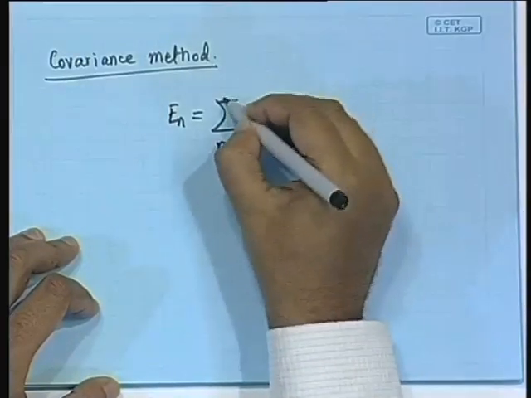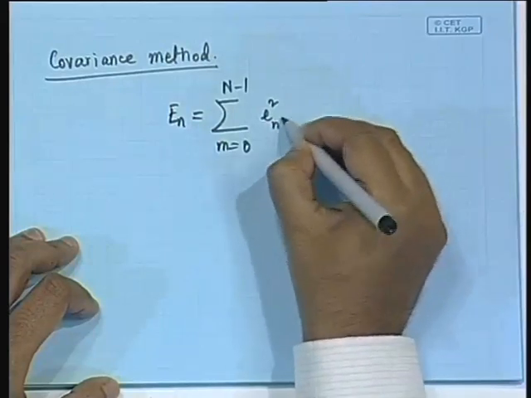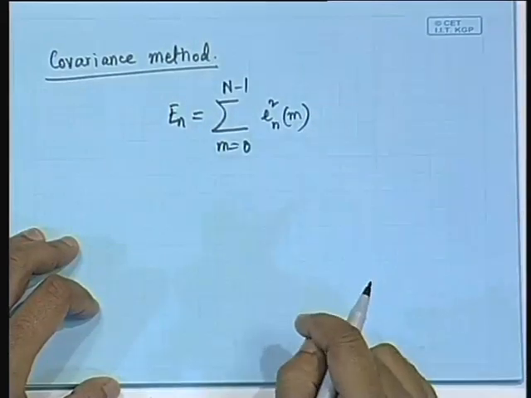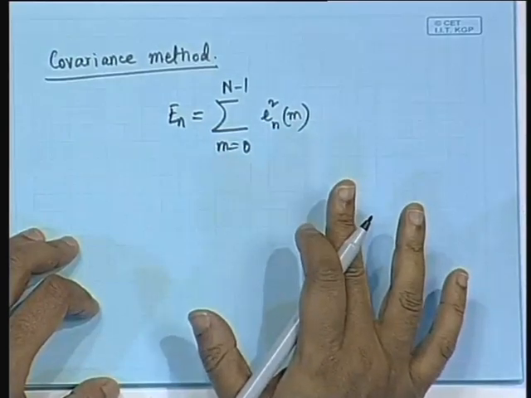Now we are going to do something very similar over here. We will define our En, that is to say the error, to be the summation m equal to 0 to n minus 1 of E square n m. Now this is very interesting. It means that we want the error signal to be computable for all these n samples.